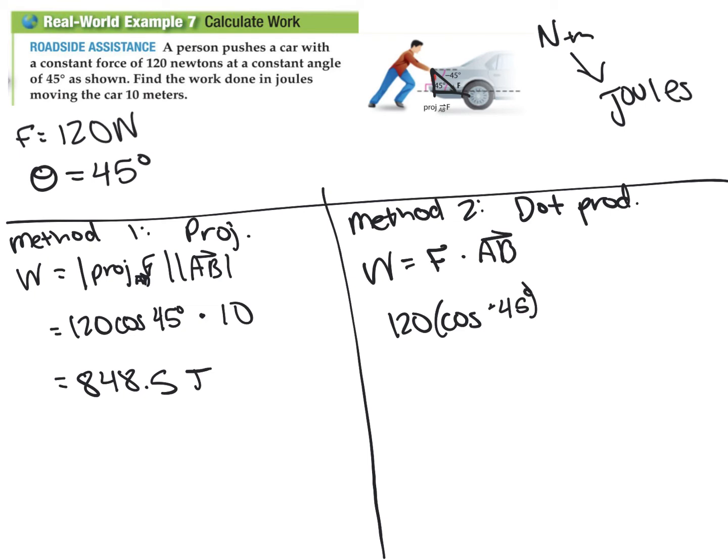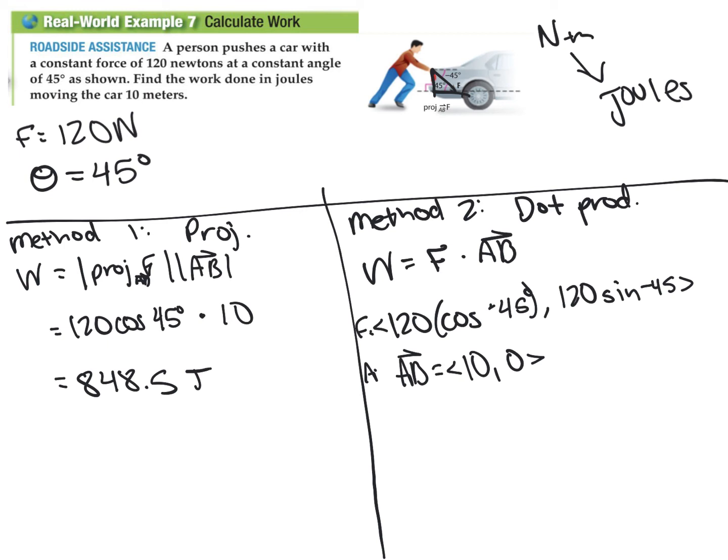So negative 45, comma, 120 sine negative 45. That is our force in component form. And then vector AB is in the form of 10, comma, 0, as it's going 10 and not moving up or down. So that's the vector.